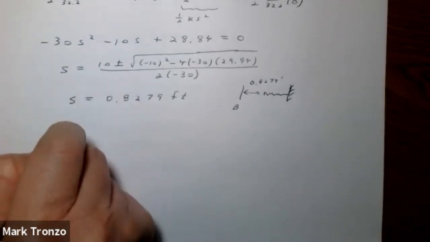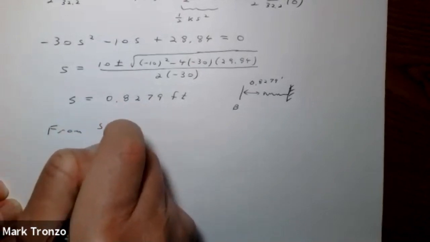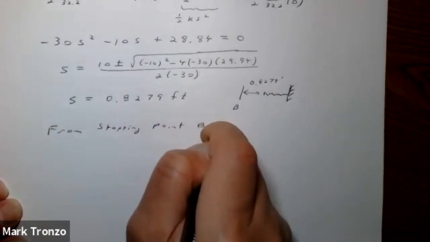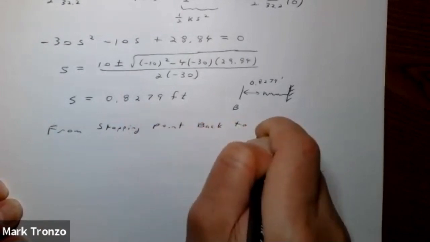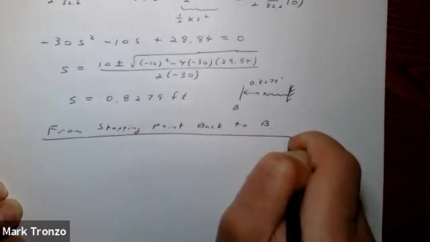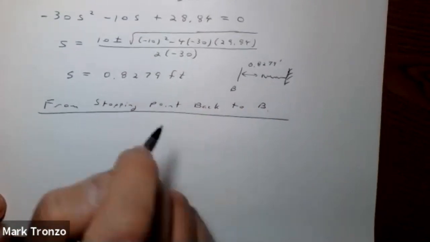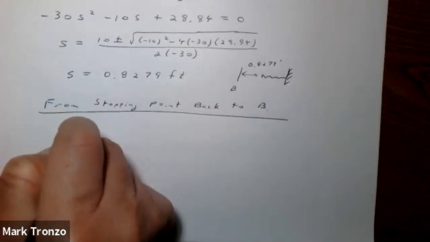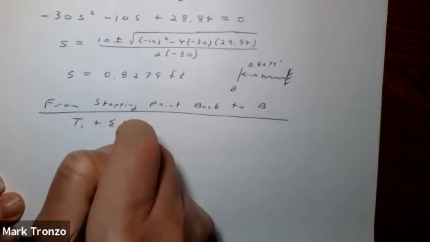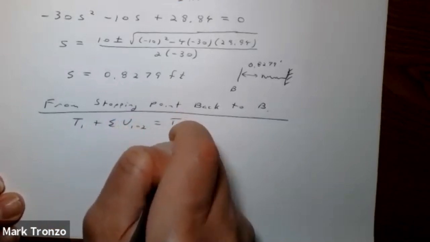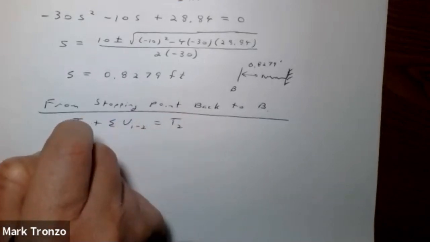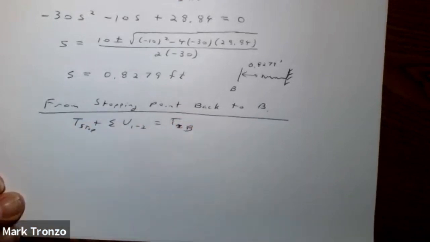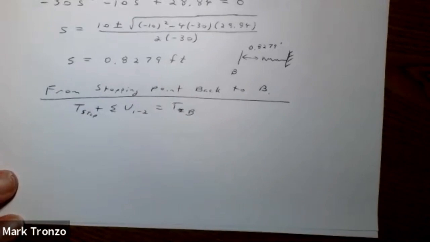So from the stopping point back to B, once again, let's do T1 plus summation of the work equal T2. T1 is going to be the stopping point, and then T2 is going to be back to B.